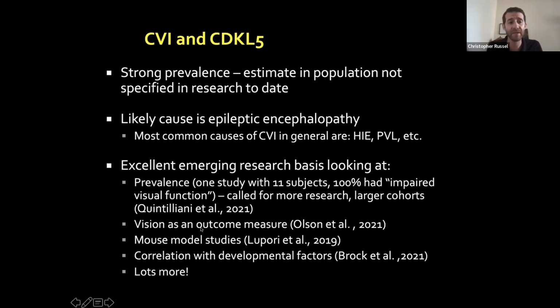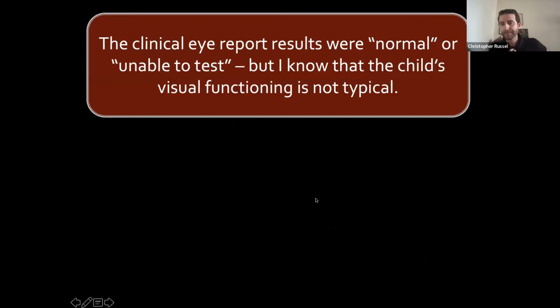But this is exciting because the mouse model study that I cited looked at visual impairment and visual processing in the visual cortex in the mice, as far as I understood. So I pulled that one because I thought it was exciting and relevant to this topic.